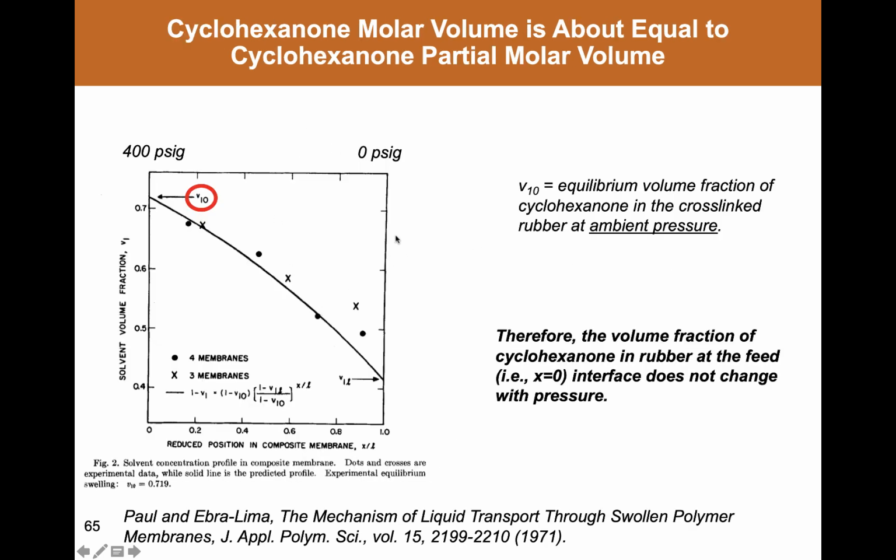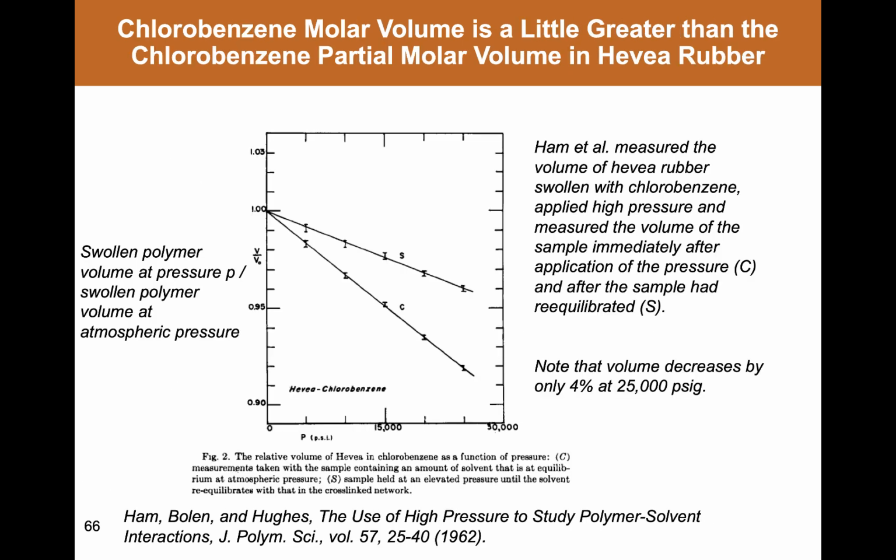Similarly, in the work by Paul and Ebra-Lima, the molar volume of cyclohexanone was about equal to its partial molar volume in the cross-linked rubber they're using, and so the amount of cyclohexanone dissolved in this polymer at 400 pounds was about equal to that which would be dissolved if you just had the sample soaking in cyclohexanone at ambient pressure.